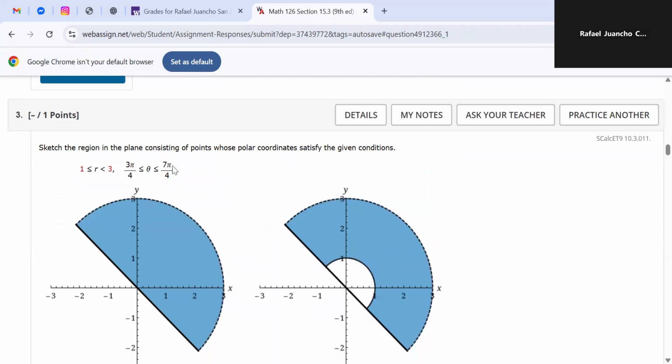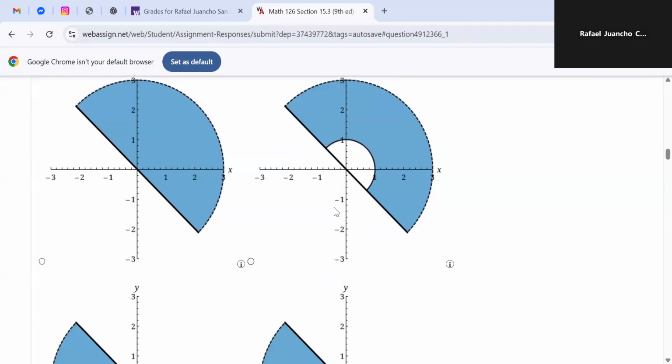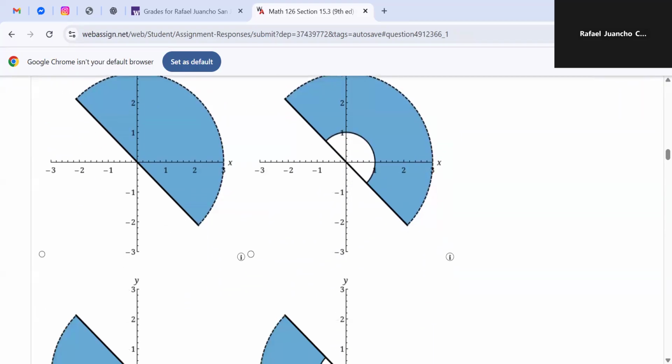And then it says it goes all the way to 7 pi fourth. Oh, I should have done it again. So 7 pi fourth, if I were to do the conversion from radians to degrees again, 45 on. So here we get 300.